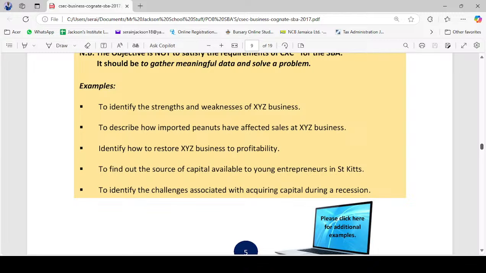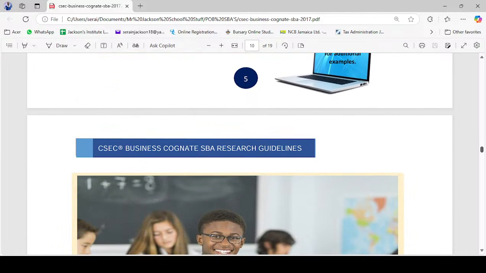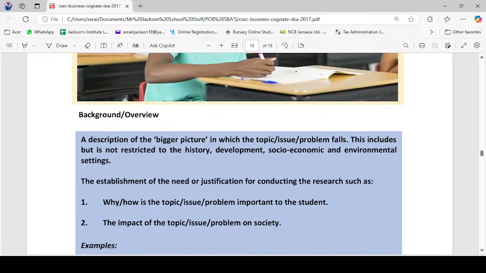So these are some examples of how your objectives can look, right?